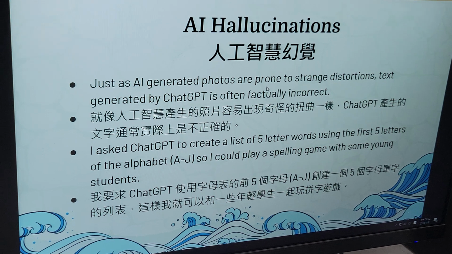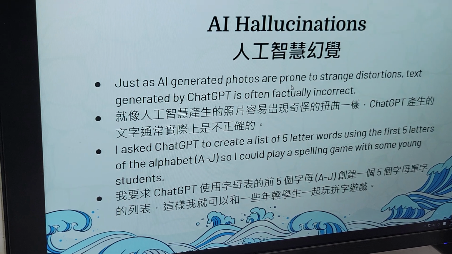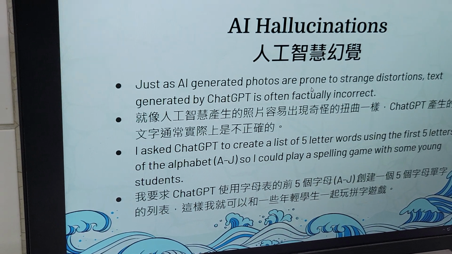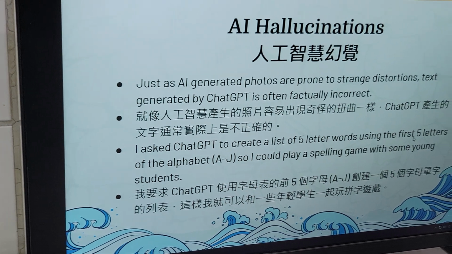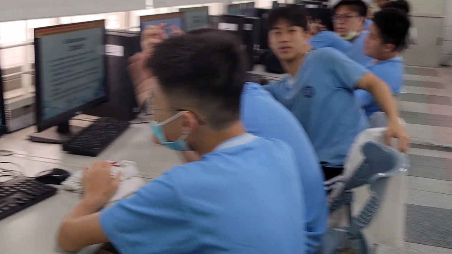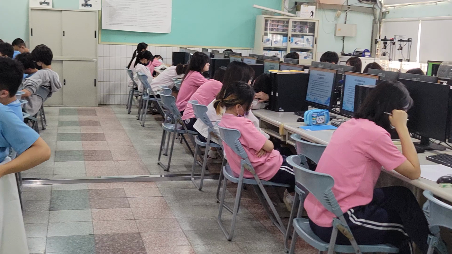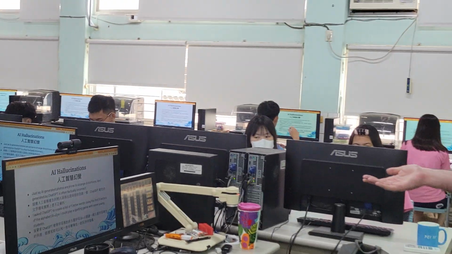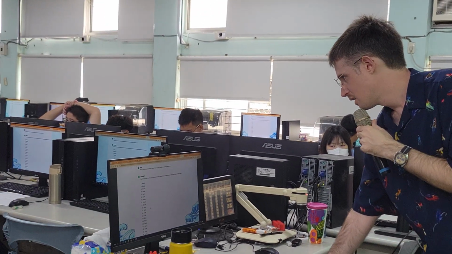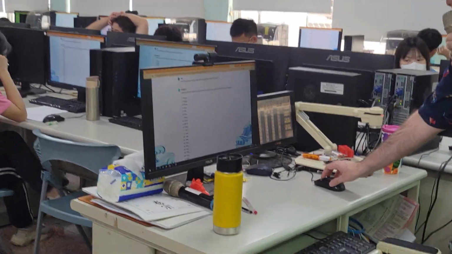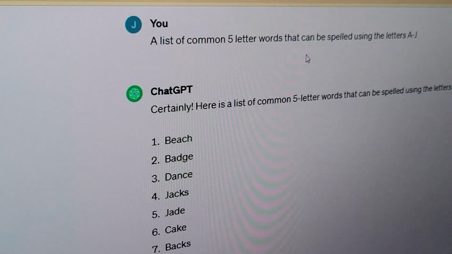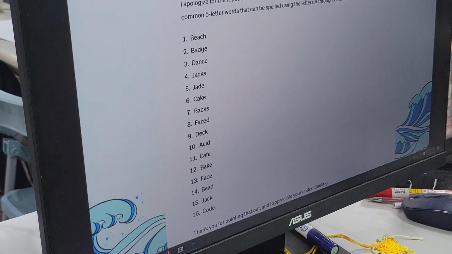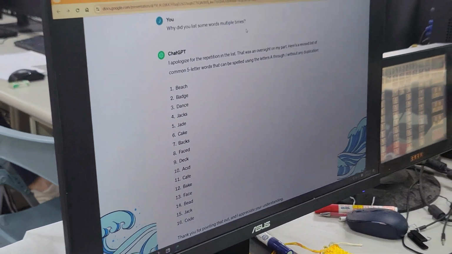I thought ChatGPT could be useful for some easy things. Like I asked it to make a list of 5-letter words using the first 10 letters of the alphabet, A to J, so I could play a spelling game with some young students, okay? And let's take a look. First of all, what do you see in that list? Is anything wrong with that? Then I asked it why. Why do you list some words multiple times?